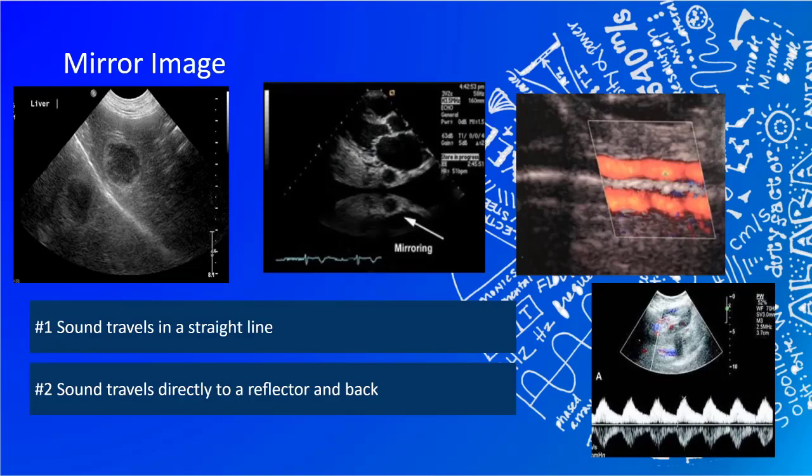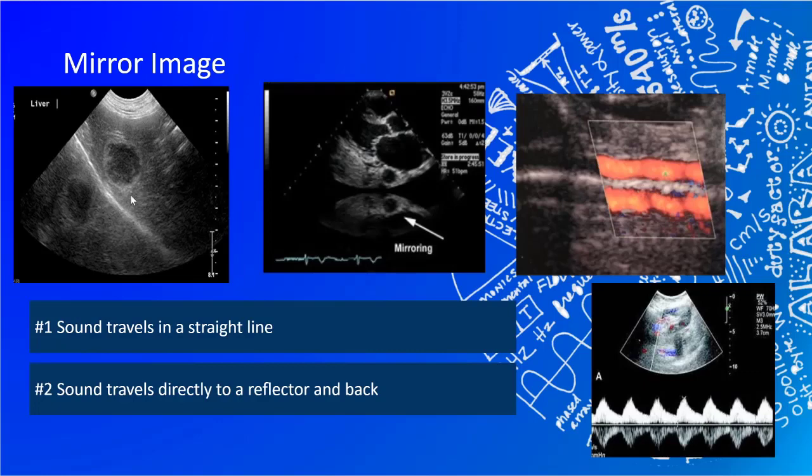Now what's happening with mirror image is sound is coming out of the transducer and it's interacting with this strong reflector. Now the strong reflector has sent so much sound energy back that sound energy coming back also is interacting with the tissue that it's going through.